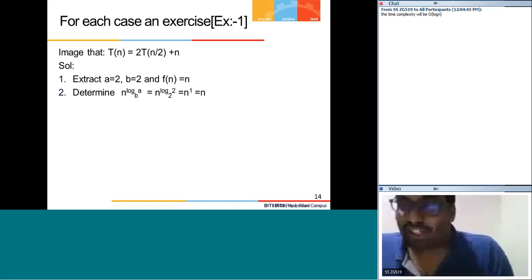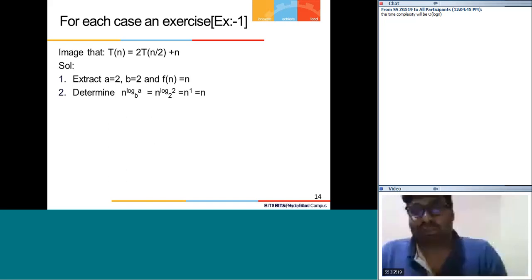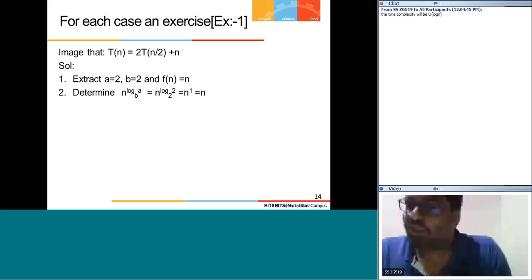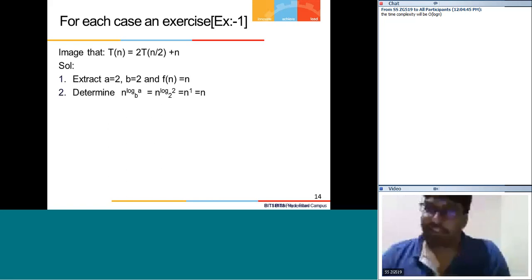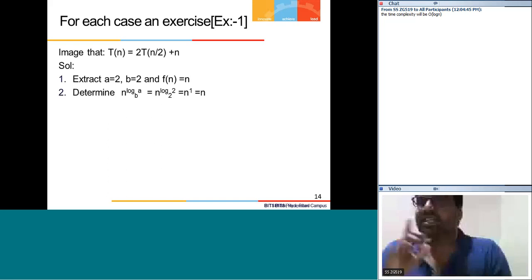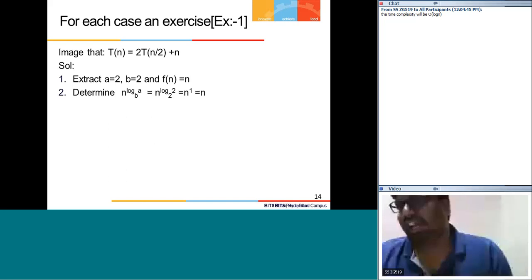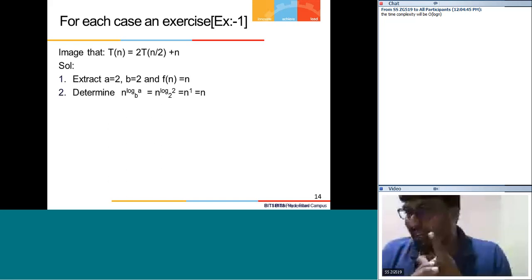Let me go a little bit slow. It goes to step number 2. Is step number 2 clear? If it's not, I'll just explain. In step number 1, I extracted value a, value b, and f of n. Those are the 3 values.